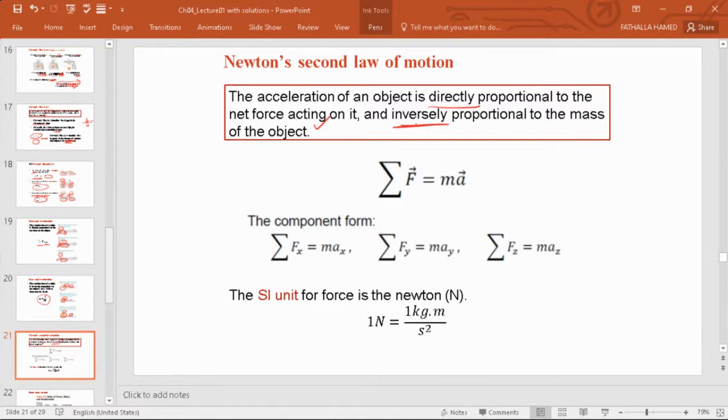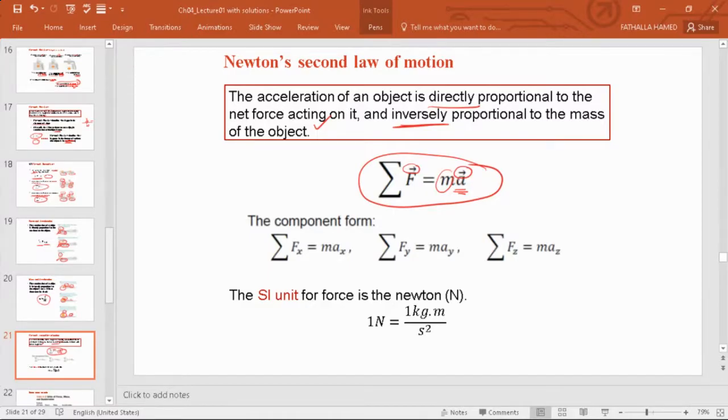If we take the proportionality constant out, we find out that the force is equal to ma. Again, note that there is an arrow on the top to indicate that the force is a vector. The mass is a scalar, but what is a vector is the acceleration.